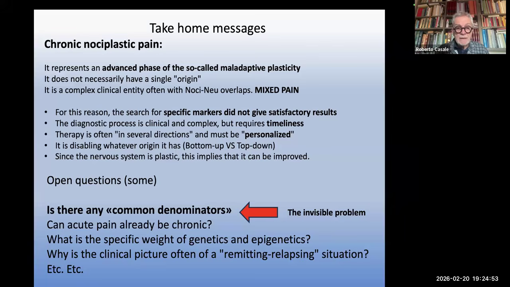And again, can acute pain already be chronic? What is the specific weight of genetics and epigenetics? What is the clinical picture, often of a remitting, relapsing situation, in our chronic pain patients?